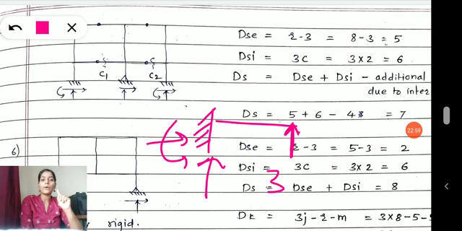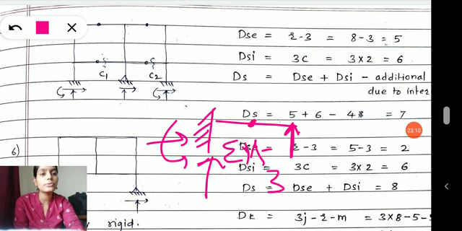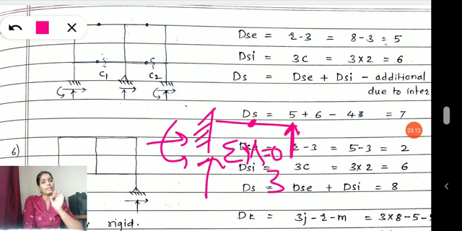If I want to make it determinate, what will I do? I will provide an internal hinge. How will it help us? It will give us an extra equation to solve my structure. All the moments at hinges will be equal to 0. It will help us to make the structure determinate, but the disadvantage is it is making my structure unstable.